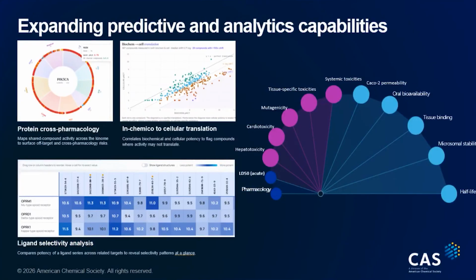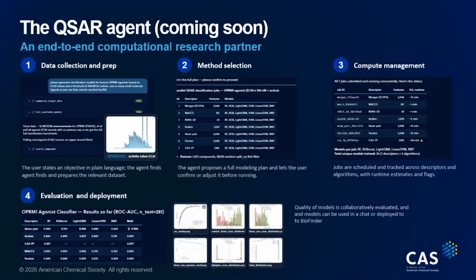For example, tools for examining selectivity of ligands against a variety of targets, or looking at the cross pharmacology mainly within families of proteins, or even the translation of bioactivity from solvents to cells. In the predictive part, we are expanding to other endpoints that are probably more relevant to drug discovery, like cardiotoxicity and liver toxicity, and we are working on predicting ADME properties as well.